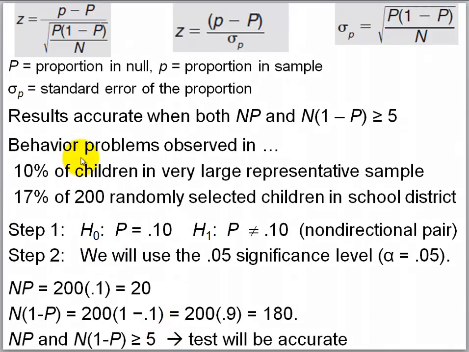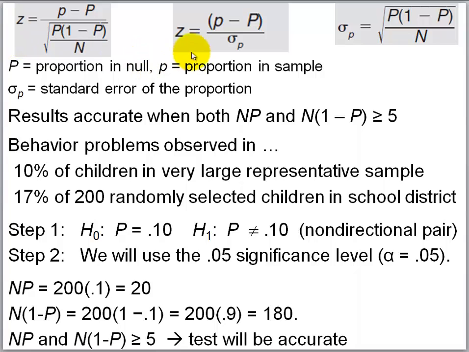The one-sample test of a proportion calculates a value of z, and here is one of the formulas for it. Basically what one does is take the sample proportion, given by the small p, and subtract from it the proportion stated in the null, and then one divides by the standard error of the proportion to compute z.